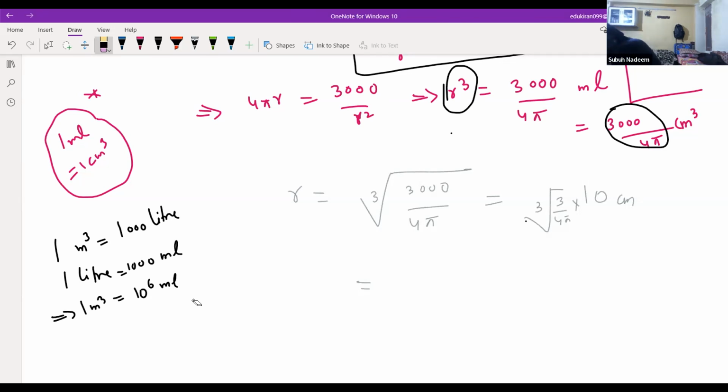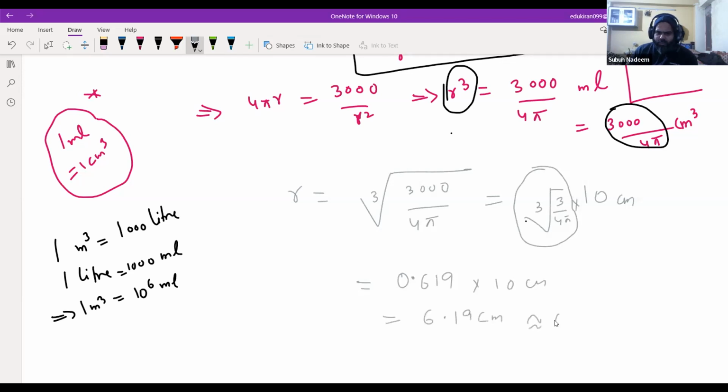So after using the calculator, this value is coming out to be 0.619 approximately into 10 centimeters. So that will be 6.19 centimeters. That can be approximated as 6.2 centimeters.